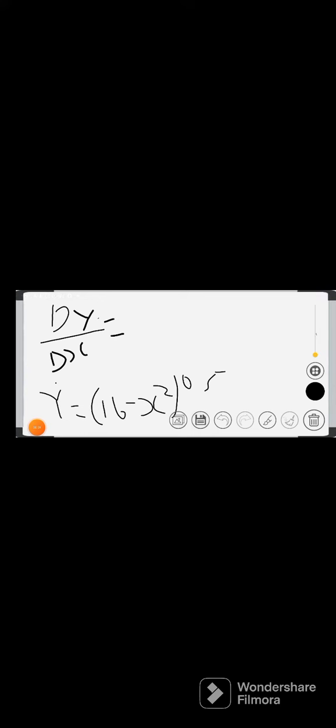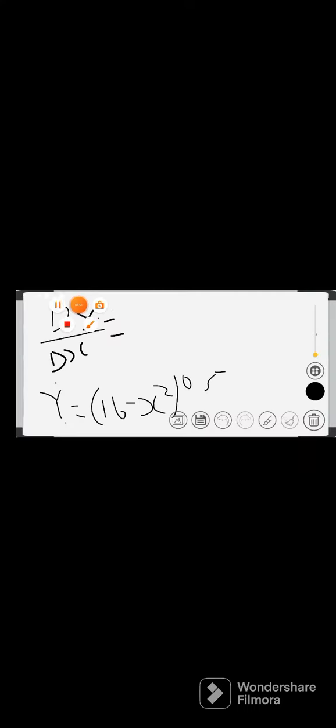As I said earlier while writing it, let your y be equal to the square root of 16 minus x squared.